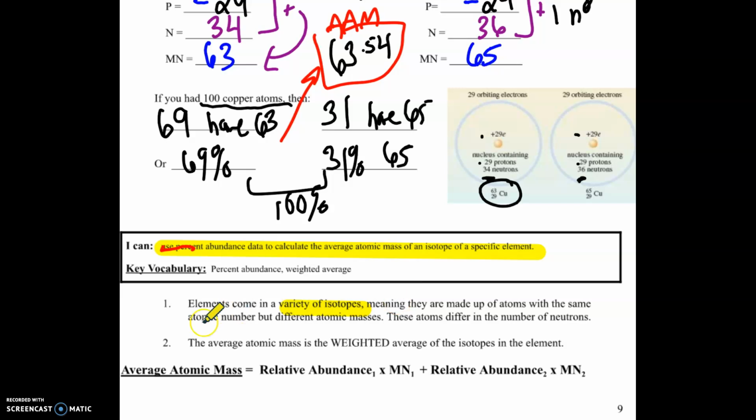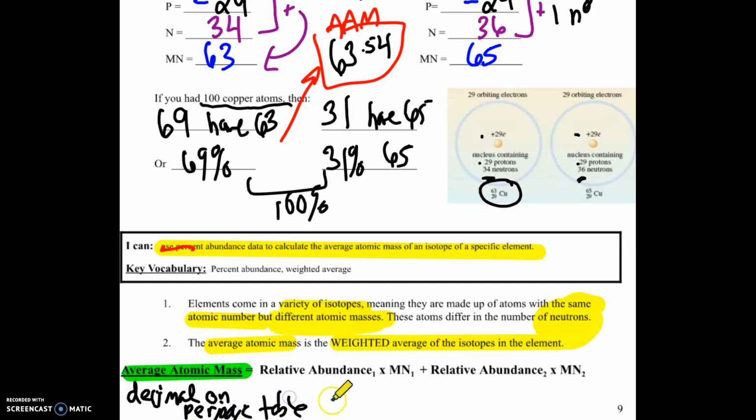They're made up of atoms with the same atomic number, but different atomic masses. These atoms differ in the number of neutrons. The average atomic mass is the weighted average of the isotopes of that element. So here's your important equation. That average atomic mass, that is what is printed on the periodic table. So this is your decimal on the periodic table.